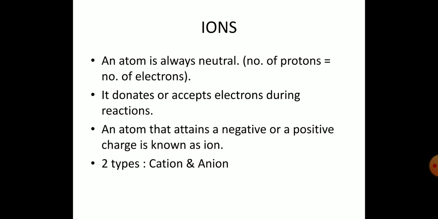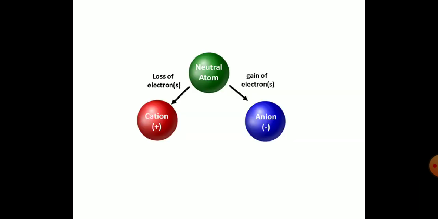Now we have two types of ions. One is cation and the second one is anion. Cation and anion. This is what happens. The neutral atom is in green color. When the loss of electrons happens, that means you are giving away the negative. Electron means negatively charged particles.